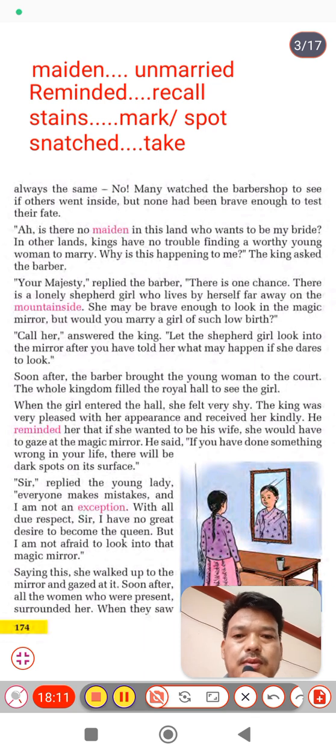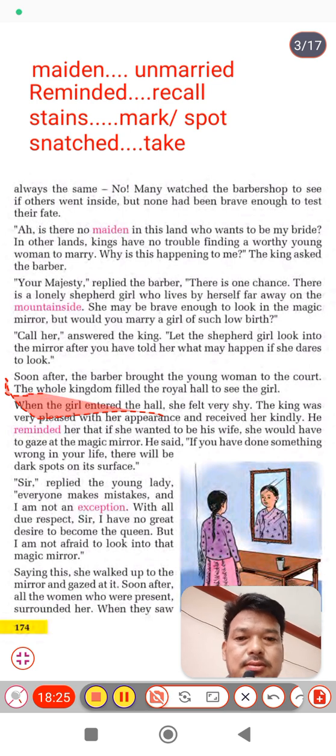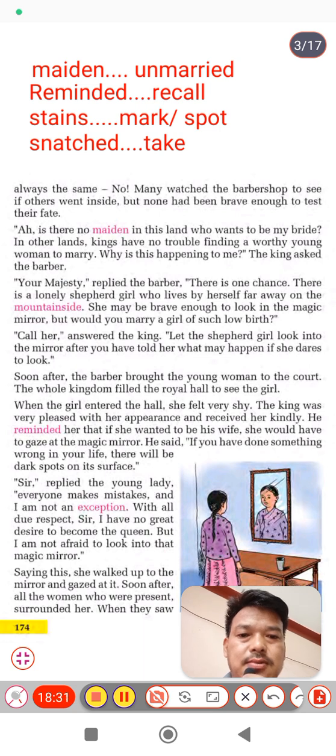When the girl entered the hall, she felt very shy and nervous.